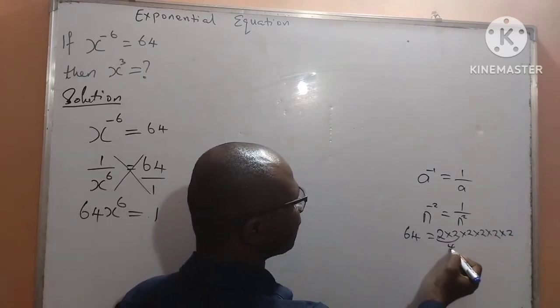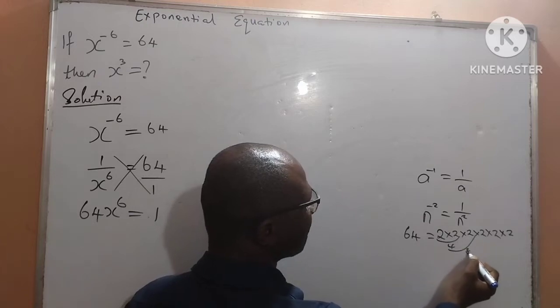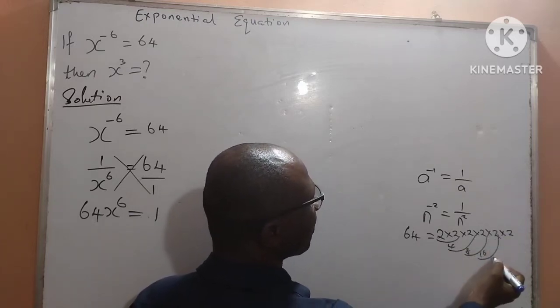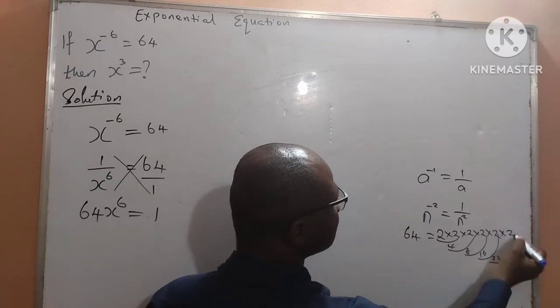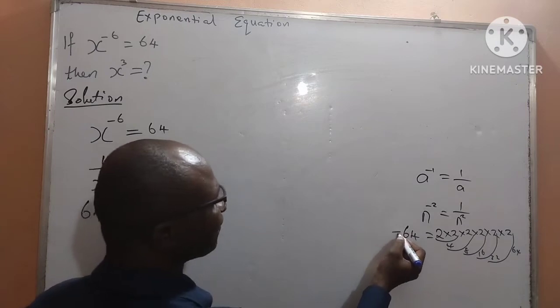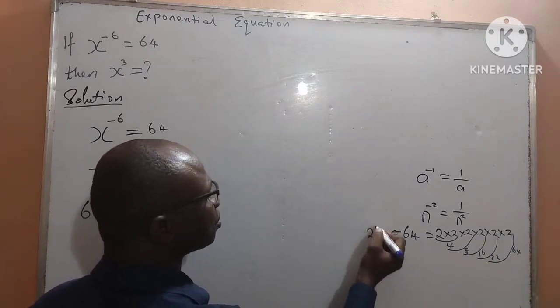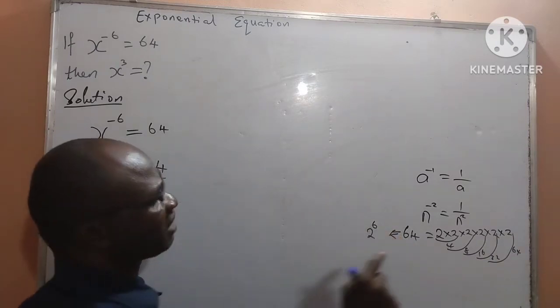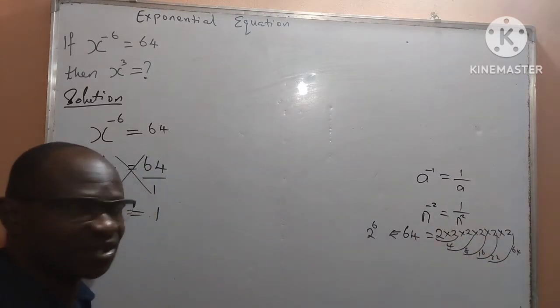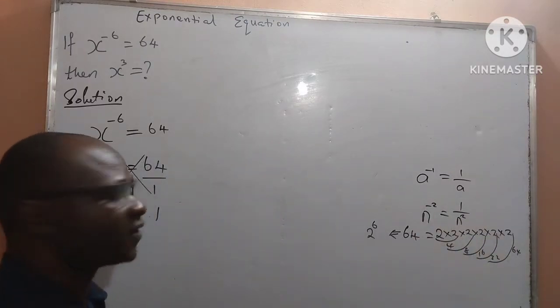Because 2 times 2 is 4, 4 times 2 is 8, 8 times 2 is 16, 16 times 2 will give us 32, and 32 times 2 will give us 64. It means that 64 is the same thing as 2 to the power of 6, alright? 2 raised to the power 6, 2 six times is equal to 64.